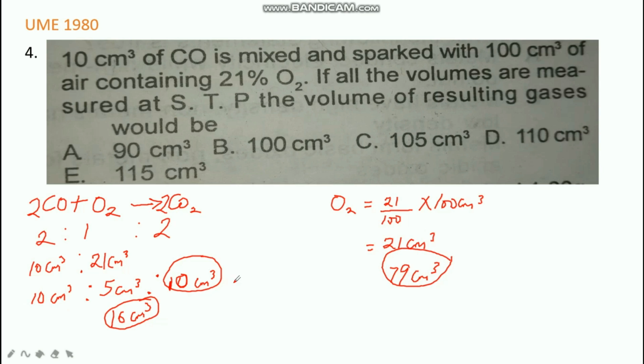So we've got 10 plus 16, that is 26. Now 26 plus 79, so we've got 105 cubic centimeter, which is going to be option C, which stands for correct.